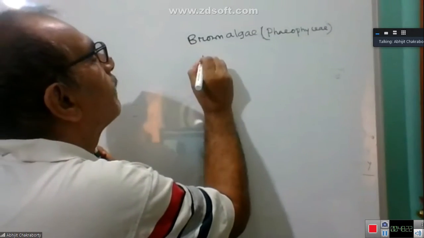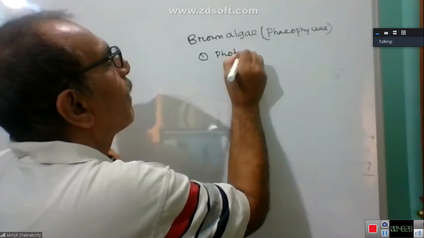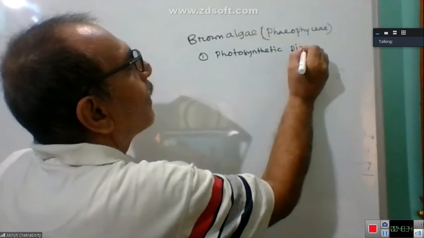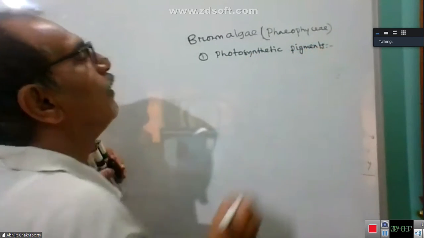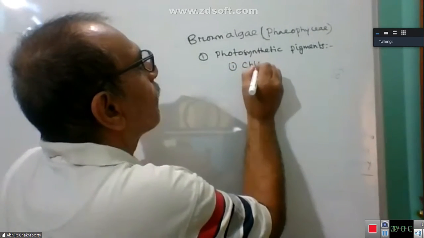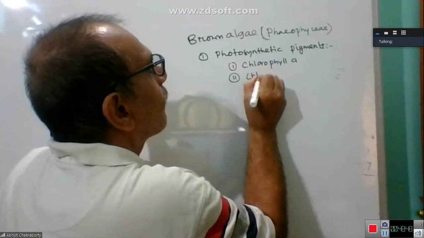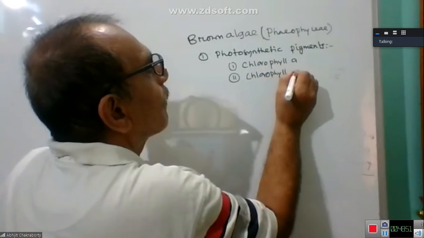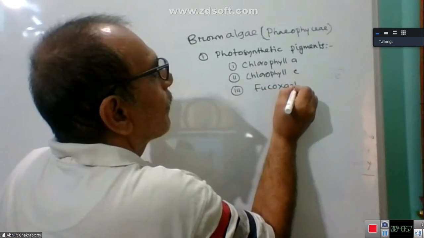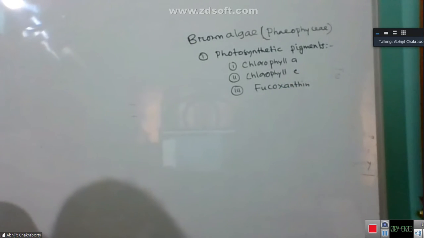First of all, photosynthetic pigments: chlorophyll A, chlorophyll C, and fucoxanthin.